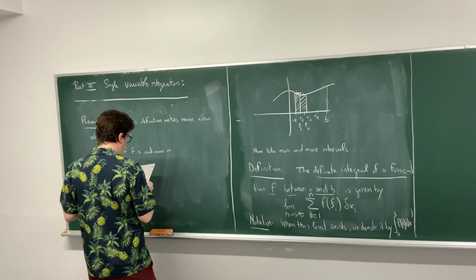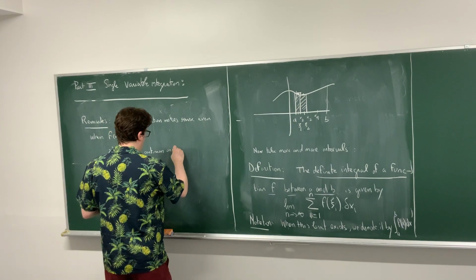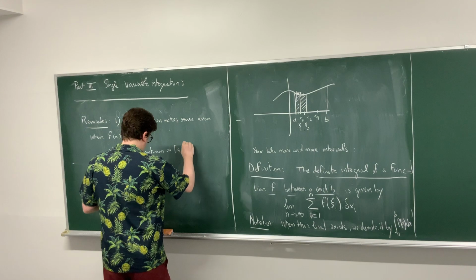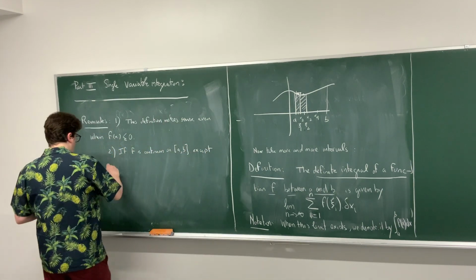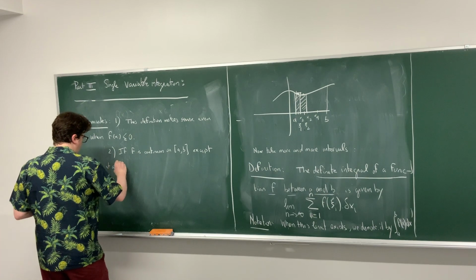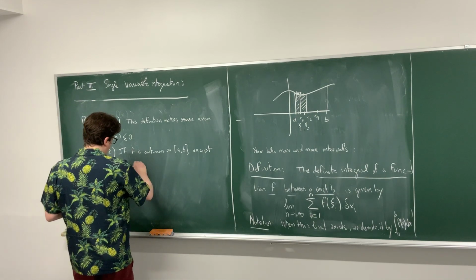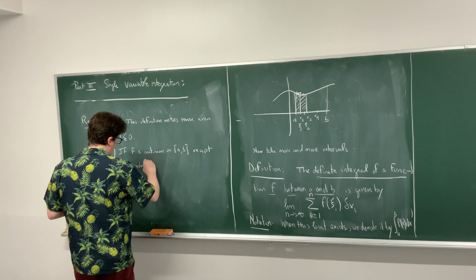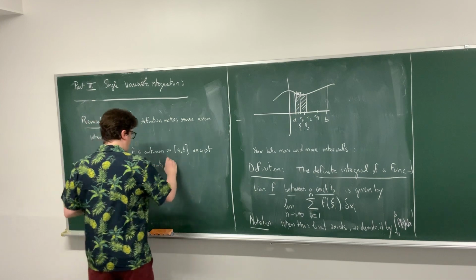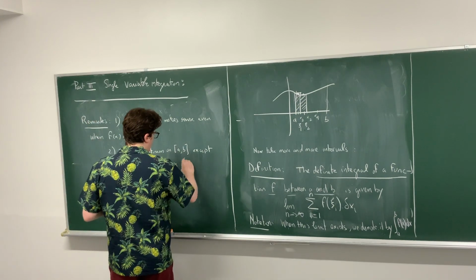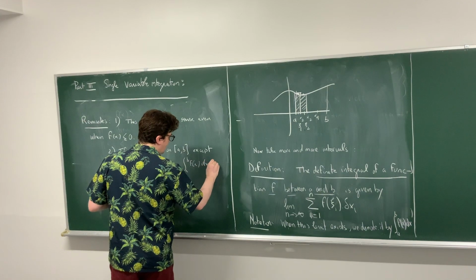Remark 2 is about the existence of this. When f is continuous on [a, b], except at a finite number of points, then the integral from a to b of f of x dx exists.